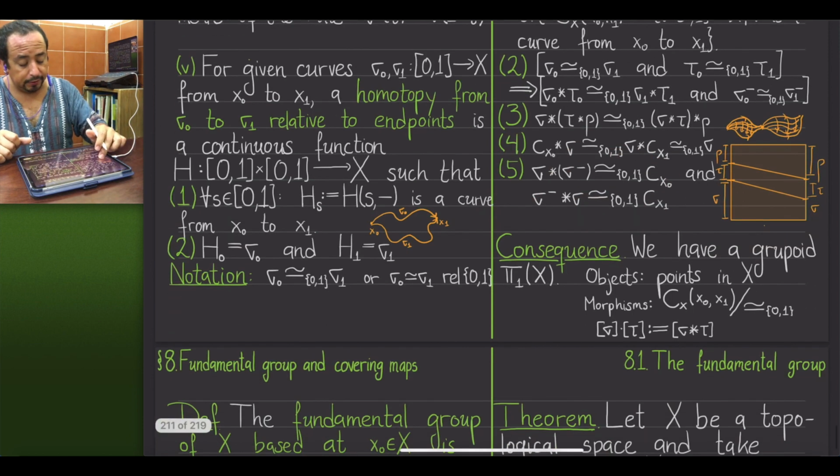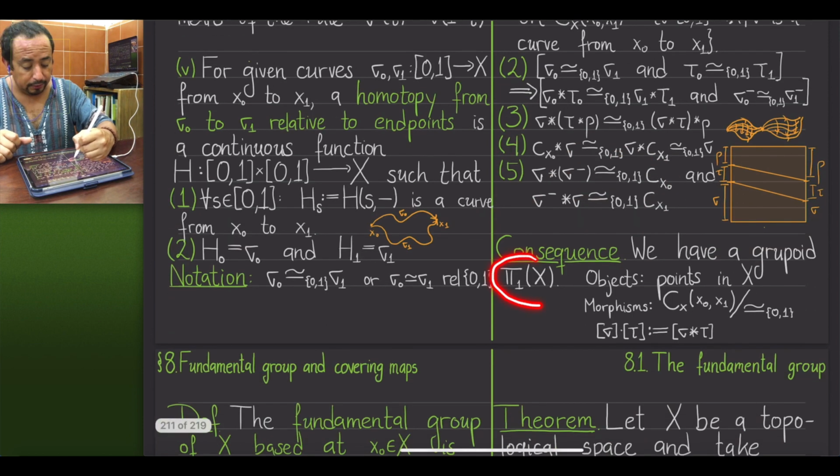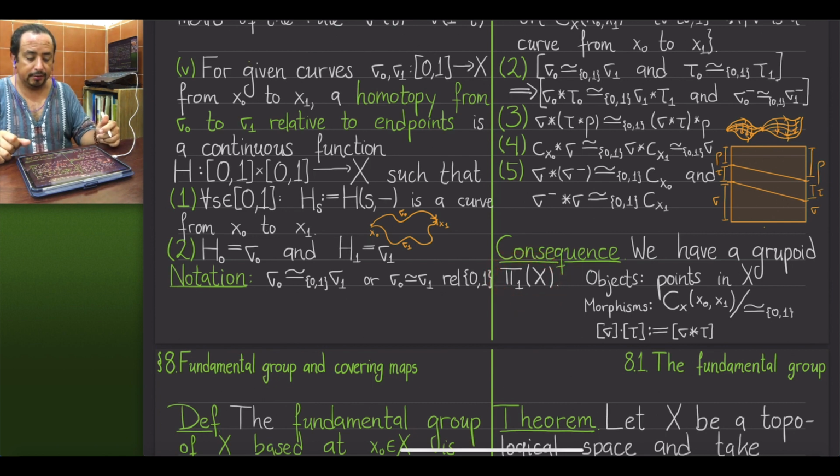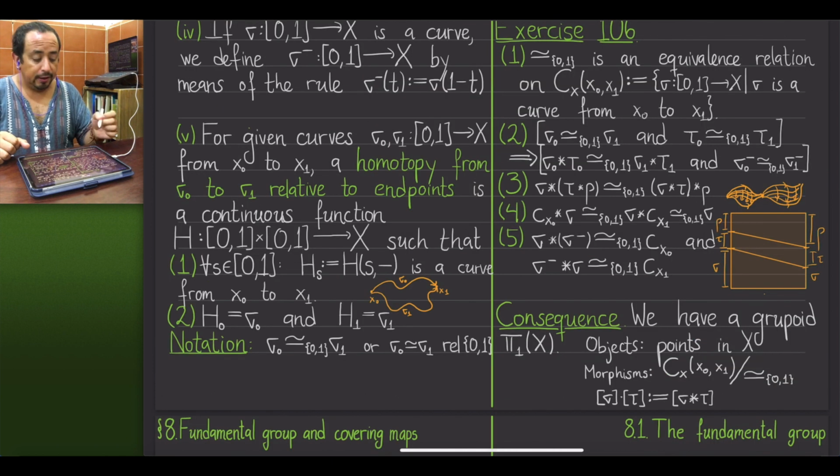Okay, and this is usually called the fundamental groupoid of X, right? And it's not based at any point. It takes into account all the points. And as I said, a groupoid is a category where every morphism is invertible.